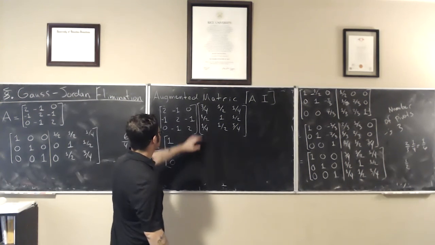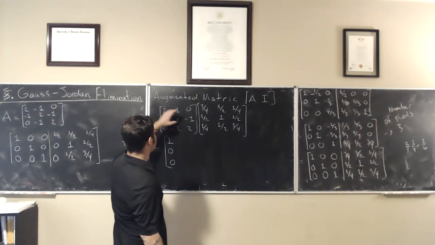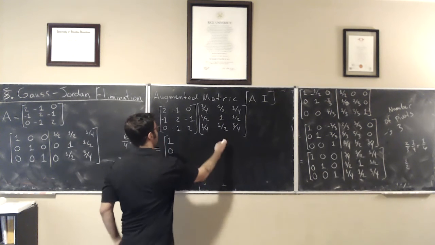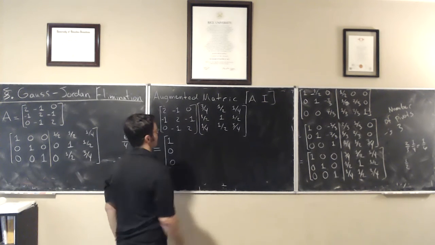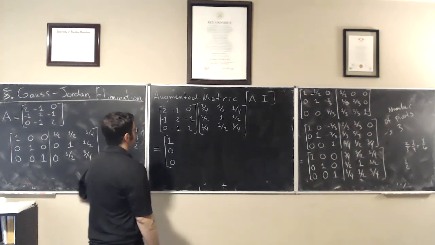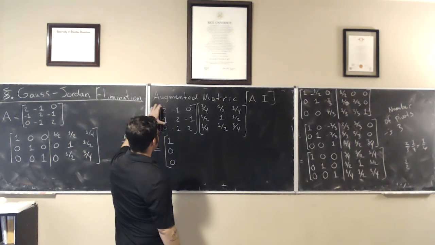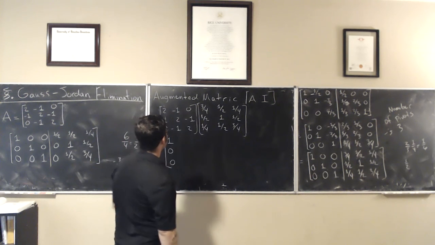For this column, we do the same thing, but now this times the matrix. Okay, so it's 1/2 of this plus 1 of this plus 1/2 of this.